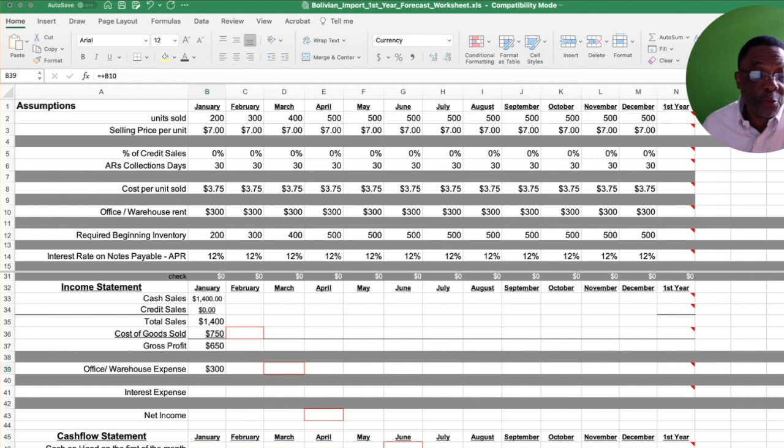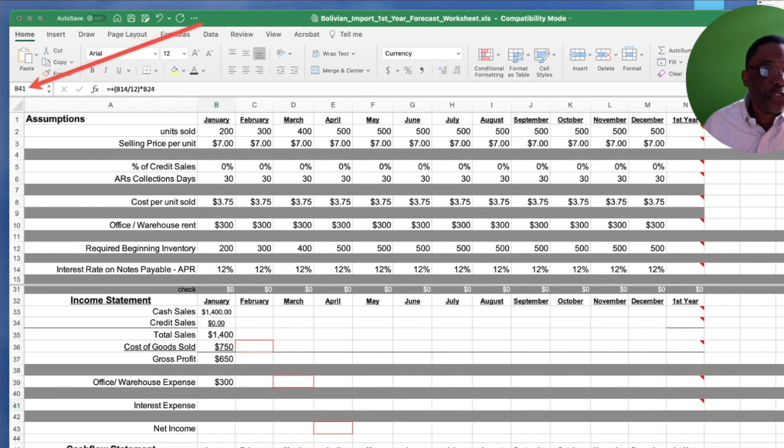Let me show you the formula for interest expense. Interest expense is in cell B41, and the formula is B14 divided by 12 times B24. What is B14? B14 is the annual percentage rate interest for January, and that's 12%. We say B14 divided by 12 because we're calculating interest for a month. And we multiply that by B24.